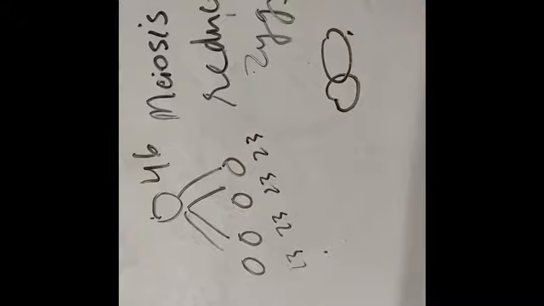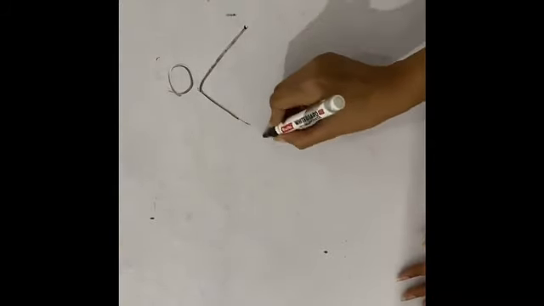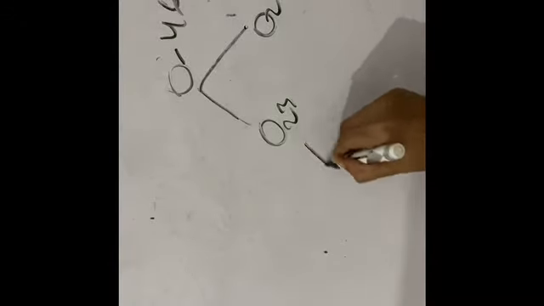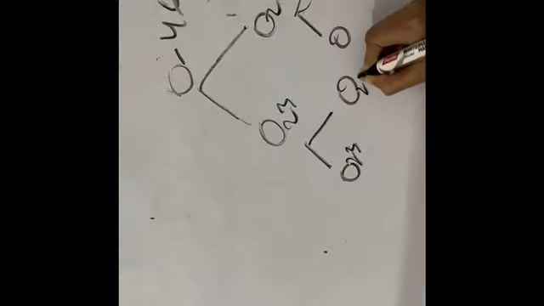So what happens in meiosis is that firstly one cell divides into 2. If this cell is having 46, then it will divide into 2 cells having 23 and 23. After that, these 2 cells will undergo mitosis. What happens in mitosis? The number of chromosomes of the parent cell remains the same in the daughter cells. So this 23 will double itself, and then it will split into 2 with 23, 23, again 23, 23.